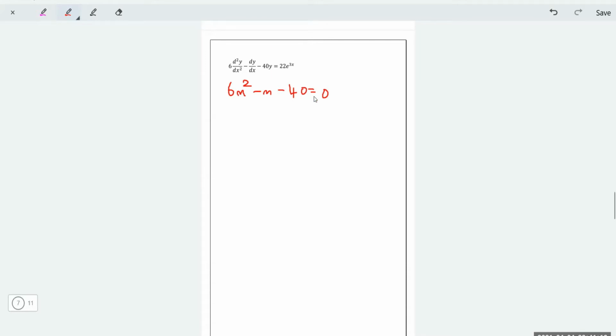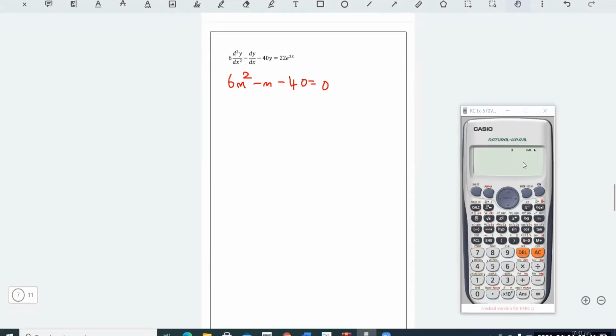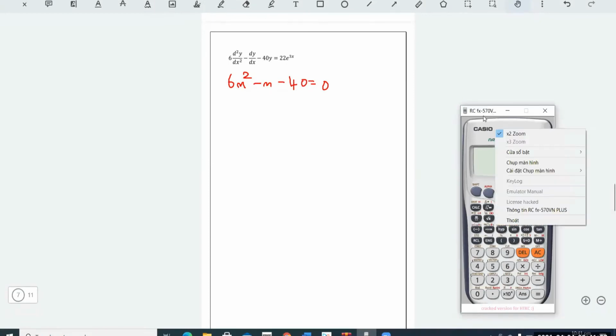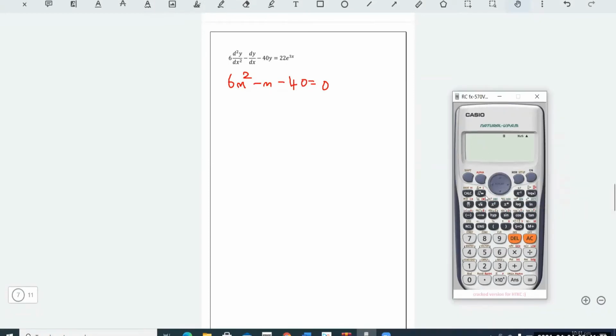And I'm really lazy. Can't bother to solve that one right there. So what I'm going to do is use this calculator right here and solve it. I'm just going to use the quadratic formula.